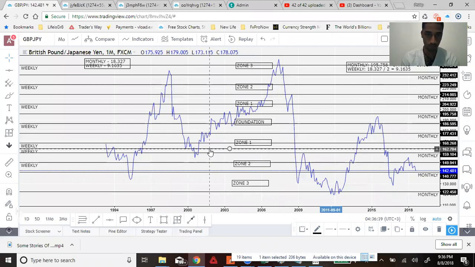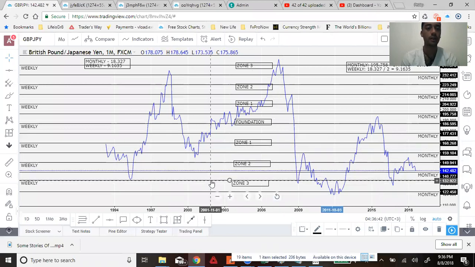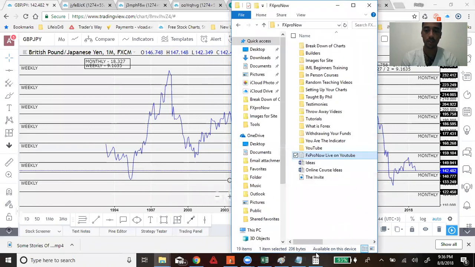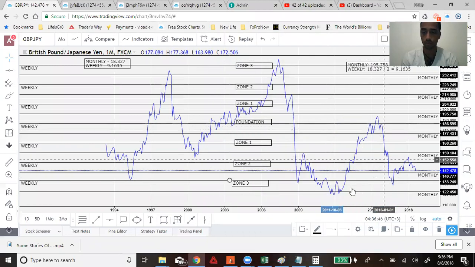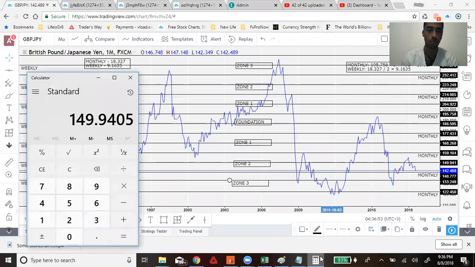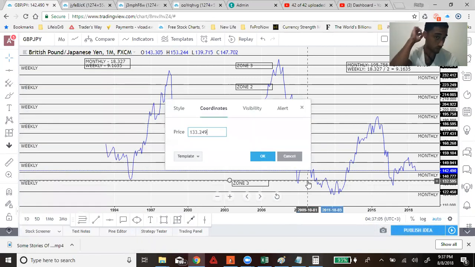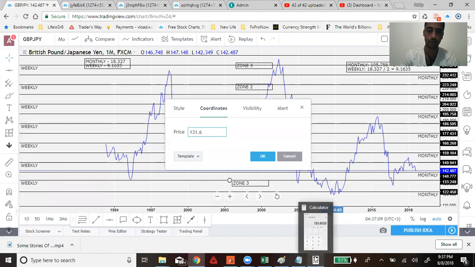Boom. Push this down here, right? We're going to take that number that we just came up with, this weekly right here, 149.941 minus 18.327, which is 131.6135.